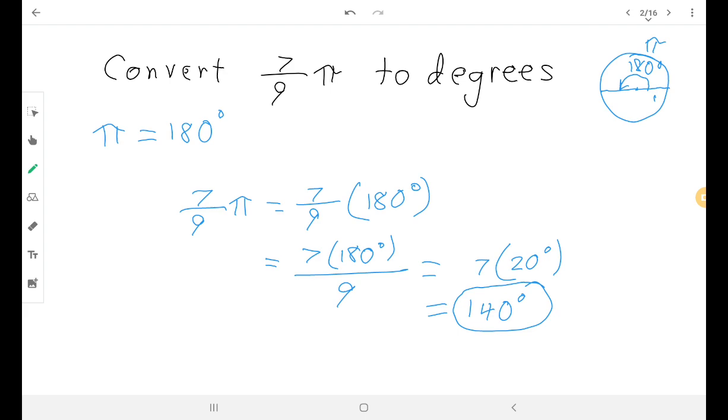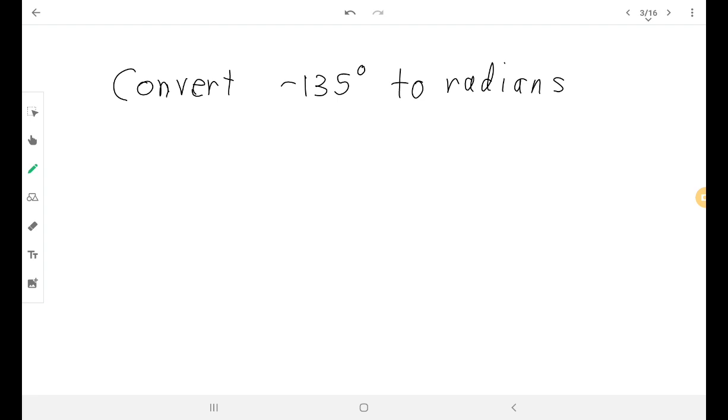And let's look at the next problem. Now we want to start with degrees and turn them into radians, and I am going to use the exact same fact to do that, the fact that pi radians equals 180 degrees.